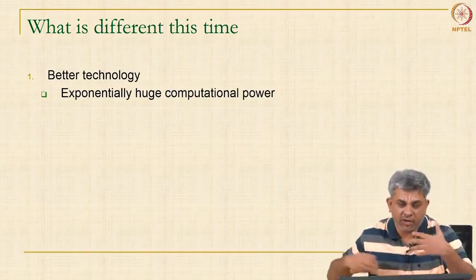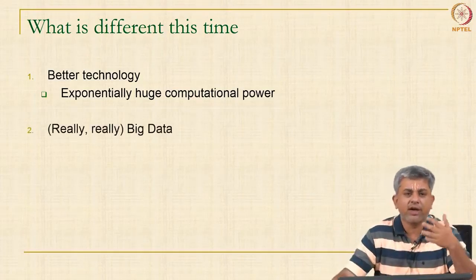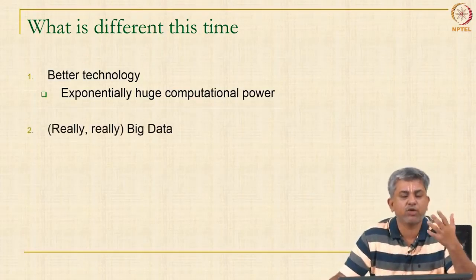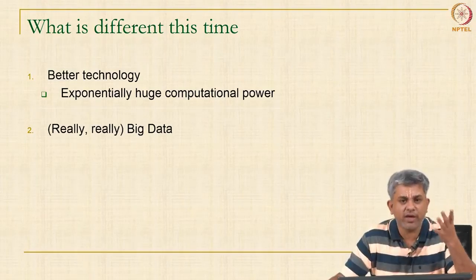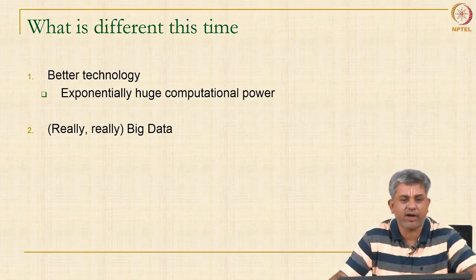So, we have GPUs and we have all sorts of futuristic computational technology that people are proposing. Whether they come through or not, Moore's law is still holding its breath, and it is kind of running its course already. It is going forth, but we have different architectures.